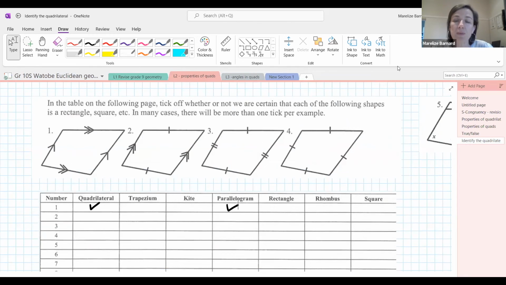It can't be a trapezium for the first one, because a trapezium has 1 pair of opposite sides parallel. For rectangle, it needs the 90-degree corners.